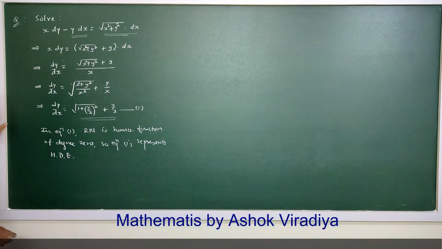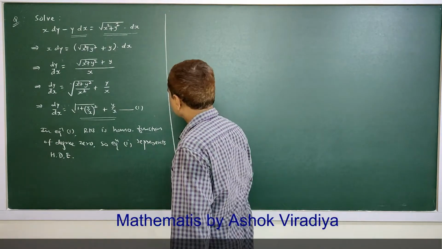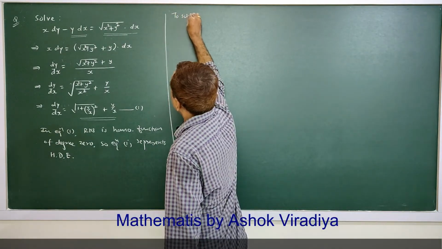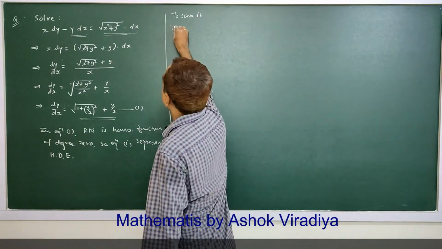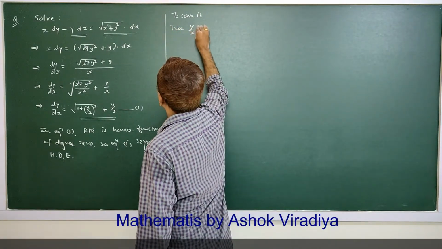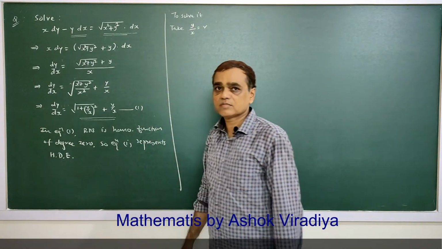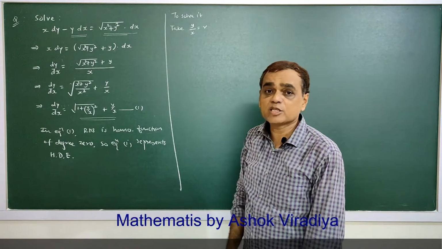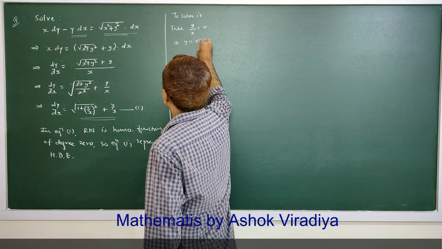Now to solve this equation, we take y by x equal to v. And when we take y by x equal to v, that means y is equal to vx.